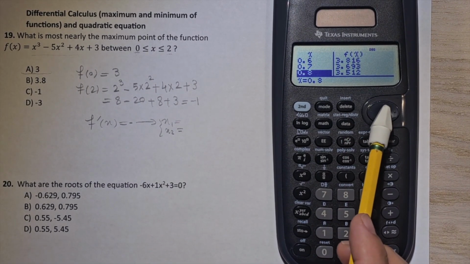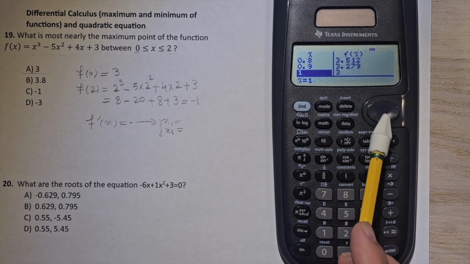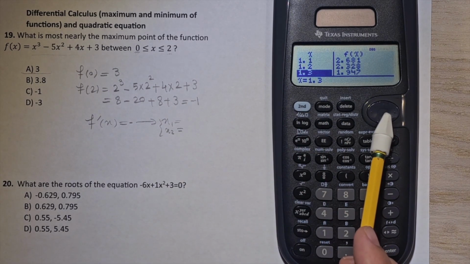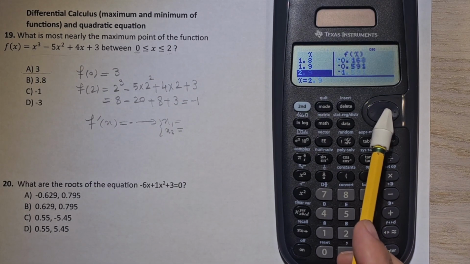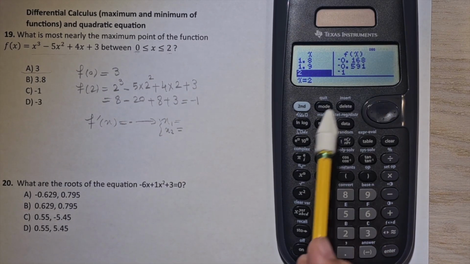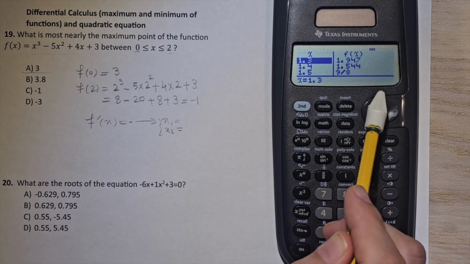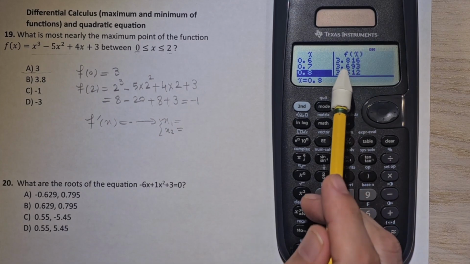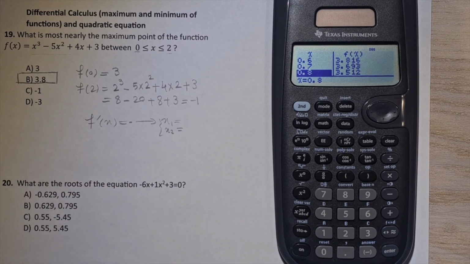As you can see, the maximum is 3.8 because at 1 it is 3. Let's check again to make sure the maximum amount is 3.8. So the correct answer should be option B. That's it.